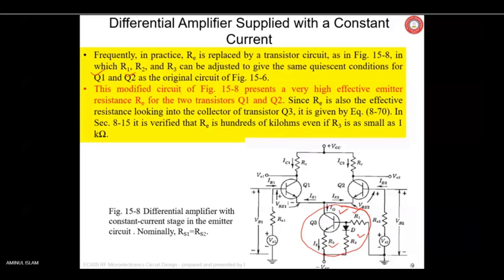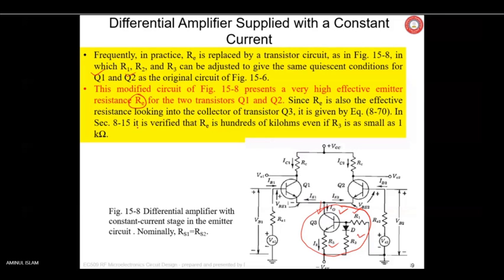This modified circuit of 15-8 represents a very high effective emitter resistance RE for the two transistors Q1 and Q2. Since RE is the effective resistance looking into the collector of Q3, it is given by equation 8-70, which we have seen earlier.